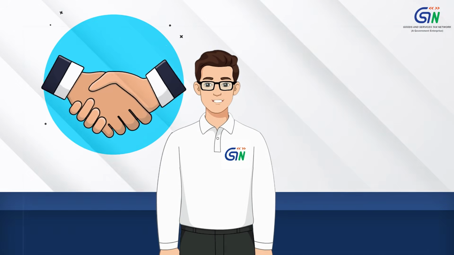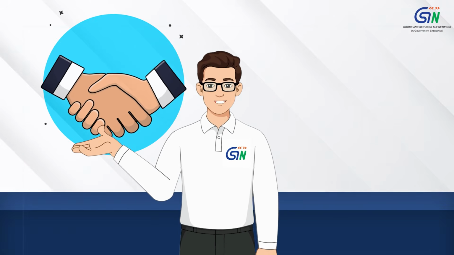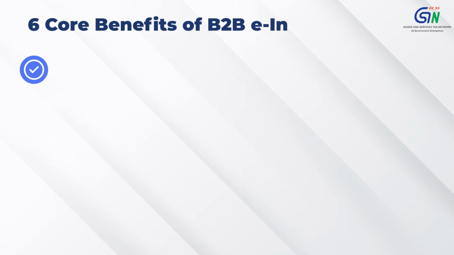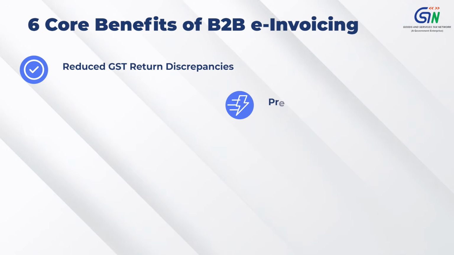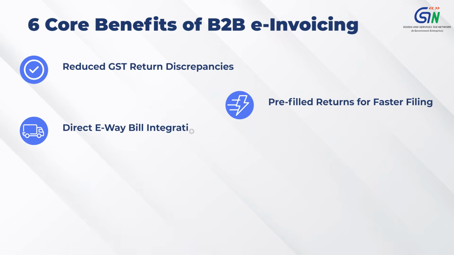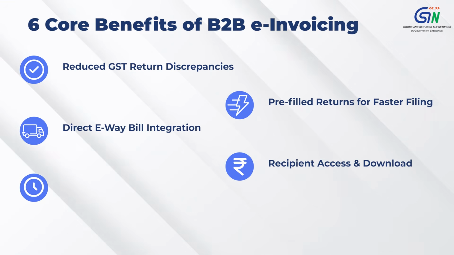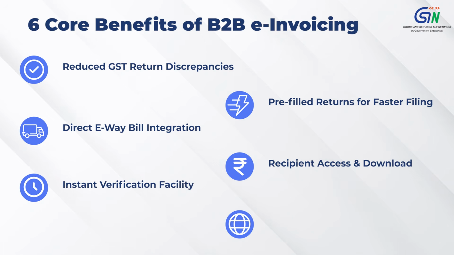The 6 core benefits of B2B e-invoicing are reduced GST return discrepancies, pre-filled returns for faster filing, direct e-way bill integration, recipient access and download, instant verification facility, and standardization and business alignment.